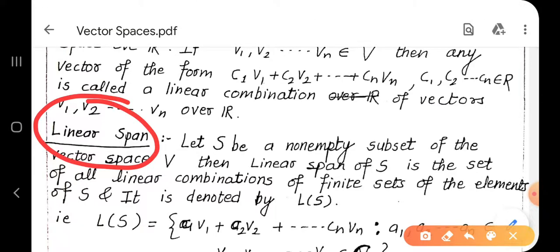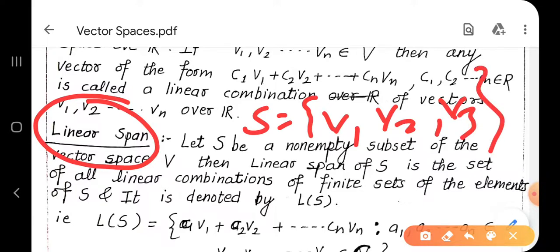Now the set of all linear combinations is called a linear span. Set of all linear combinations means, suppose I have a set S which is a non-empty subset of V. So if I take the set S as v1, v2, v3, only 3 vectors suppose I consider, correct?